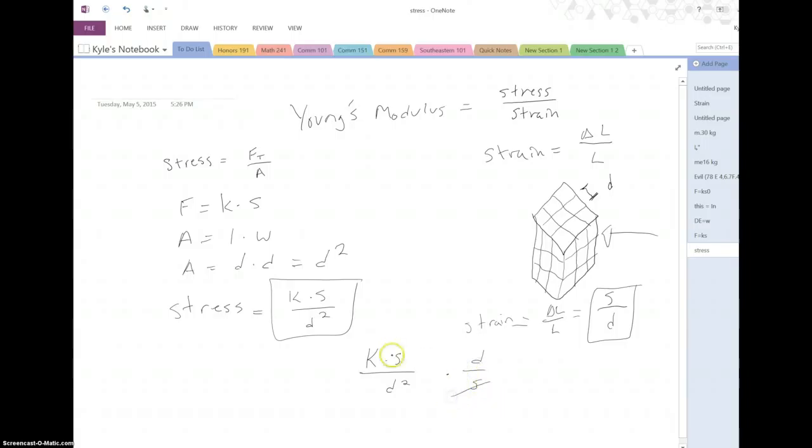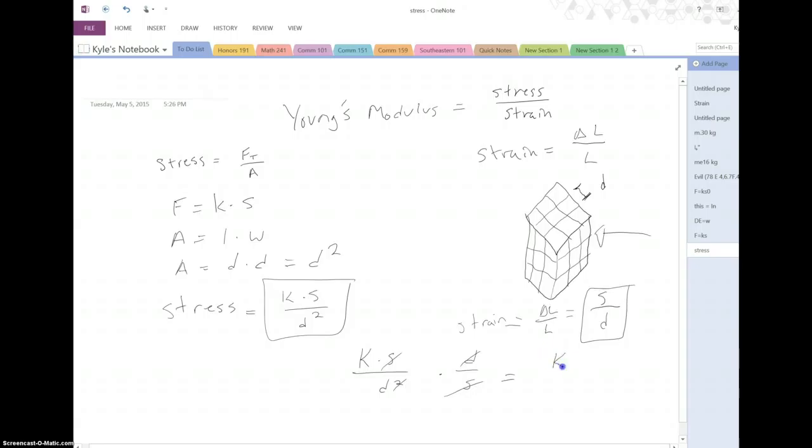Alright, so this s and this s are going to cancel out. This d and the exponent of this d are going to cancel out, and that leaves us with k over d. And that is Young's modulus for the interatomic spring constant. And that's how we get it.